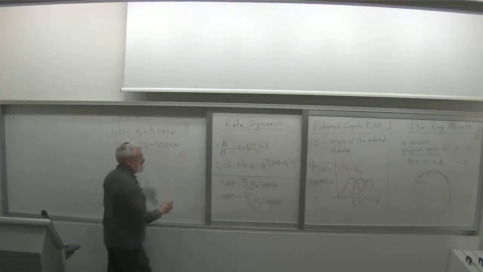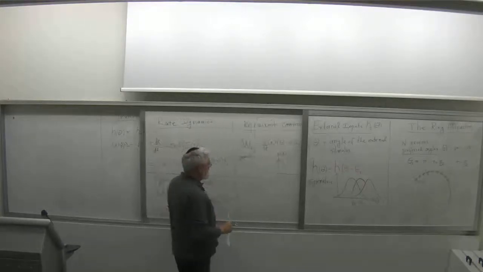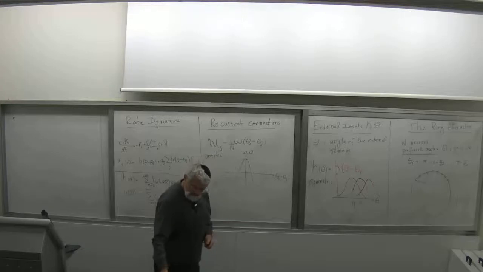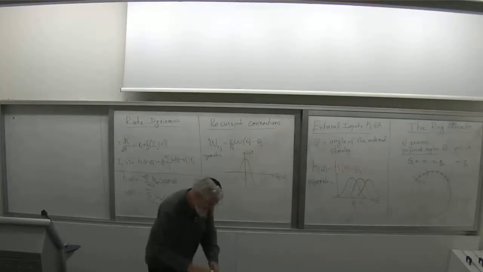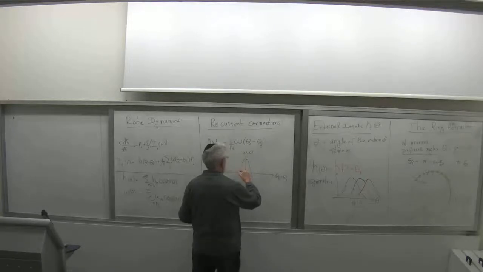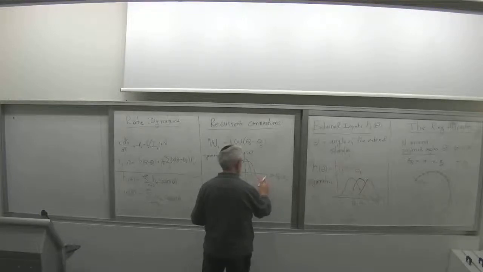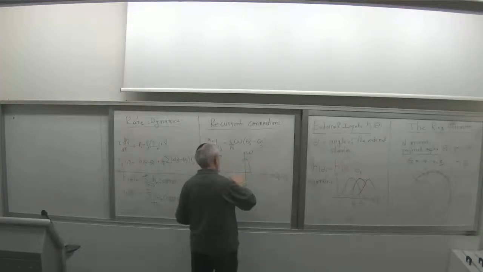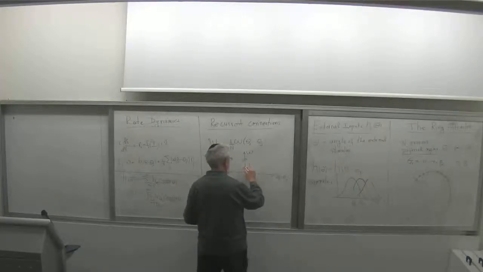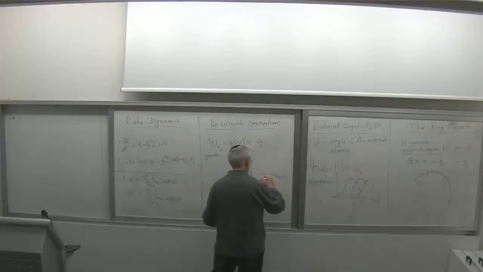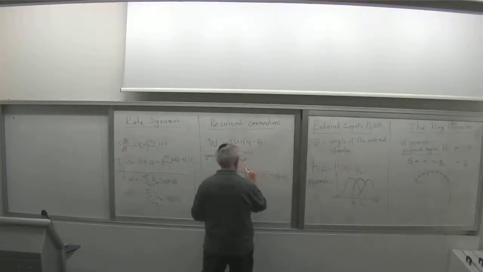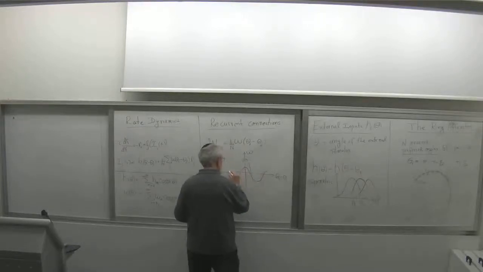So again, in this case, the interaction profile really doesn't look like that, it will look like a cosine, something like that.